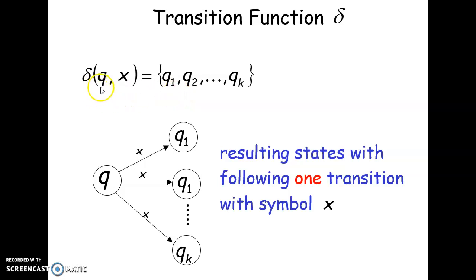For example, from a state Q you get the letter X and you reach Q1, Q2, and let's say K states that you can reach. This is not possible with the DFA. There is always one outgoing edge from a particular state against a particular letter.